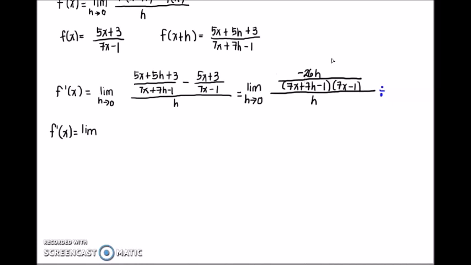So, ibig sabihin, I could just apply the rule of division on fractions. So, we copy the numerator, times the reciprocal of the denominator. So, reciprocal of h is 1 over h. Again, ibig sabihin, kailangan marunong tayo ng operations on fractions.